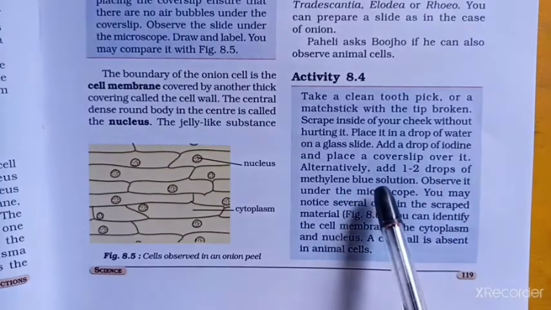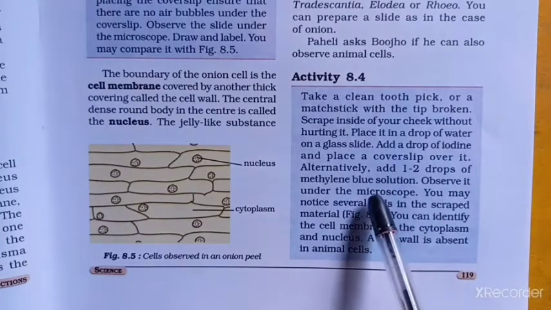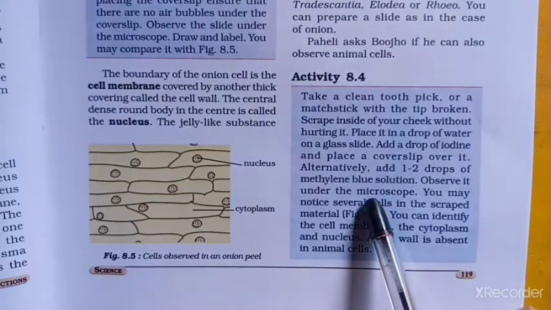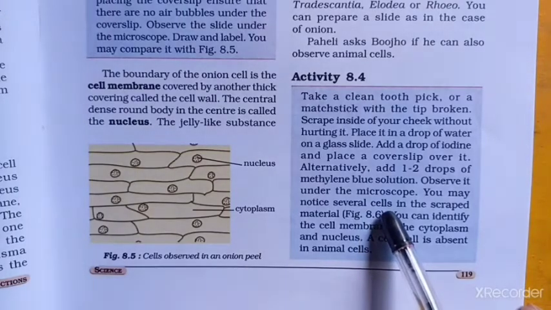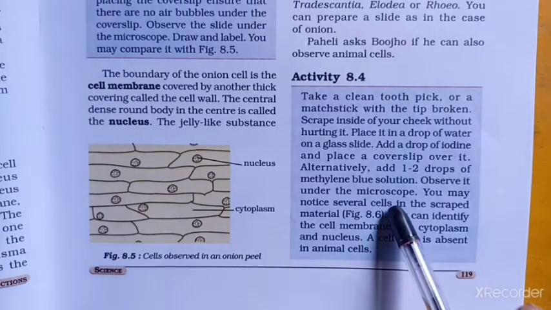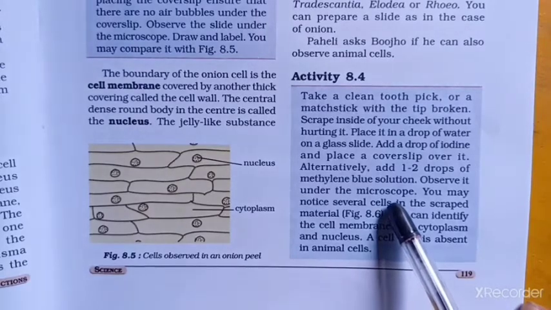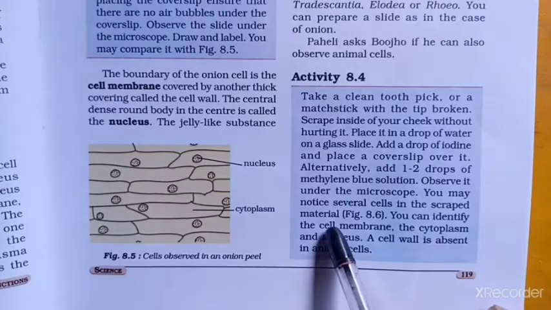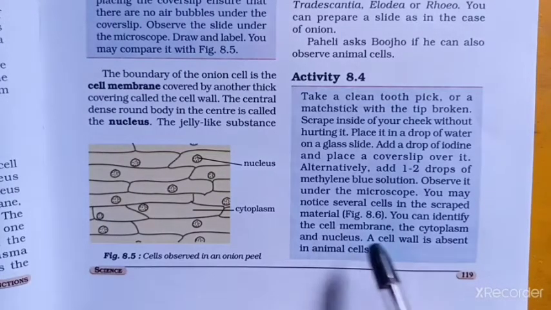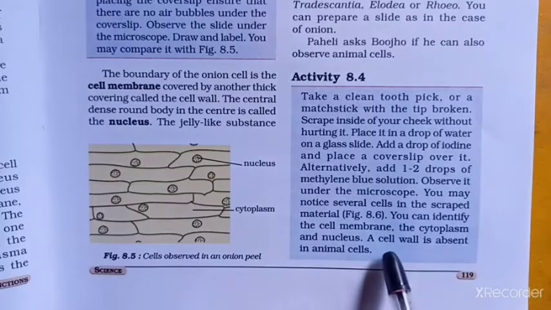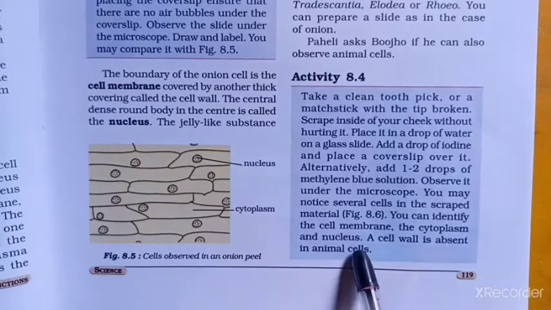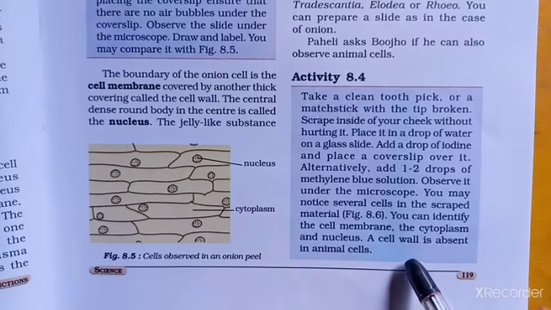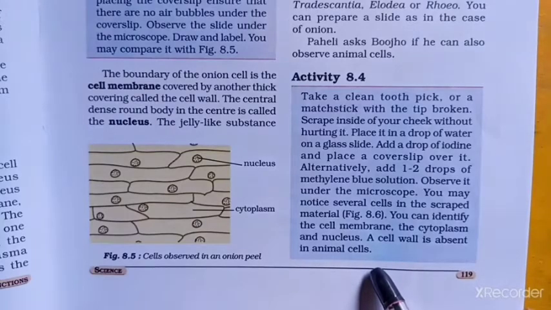And alternatively, we have to add 1 to 2 drops of methylene blue solution. As you know, methylene blue solution is one of the stains used for staining purposes in the laboratory. And you may notice several cells in the scrap material. Then you can identify the cell membrane, the cytoplasm, and nucleus. So we have to observe, and a cell wall is absent in animal cells.